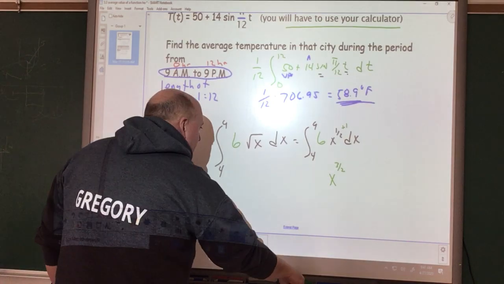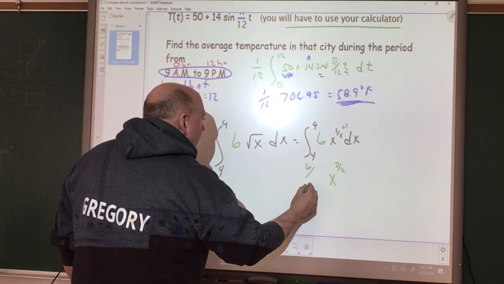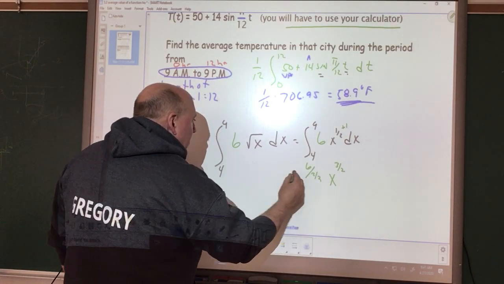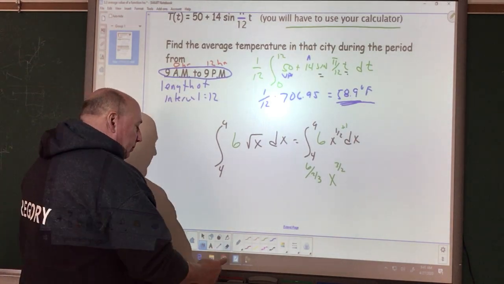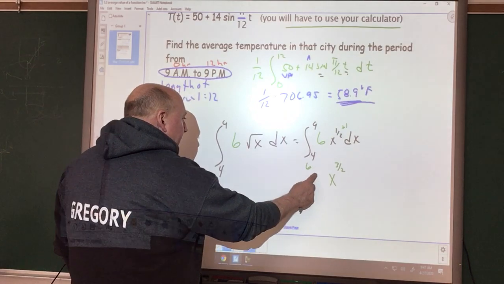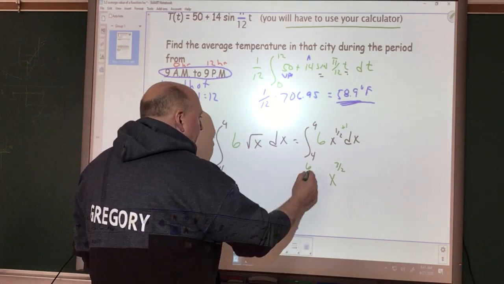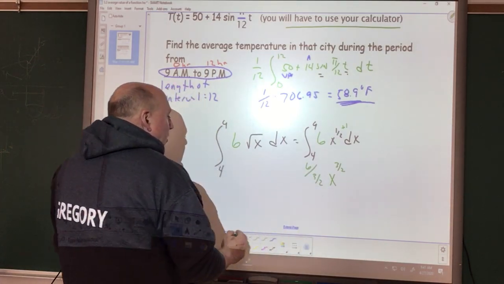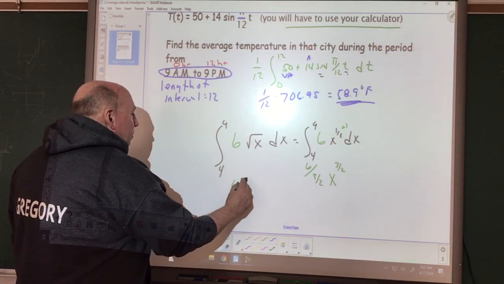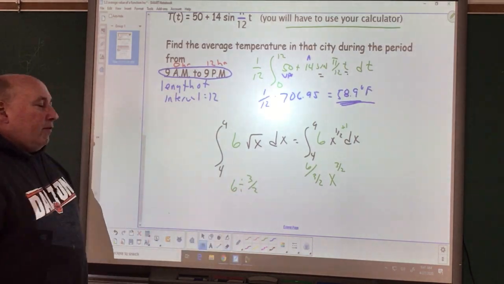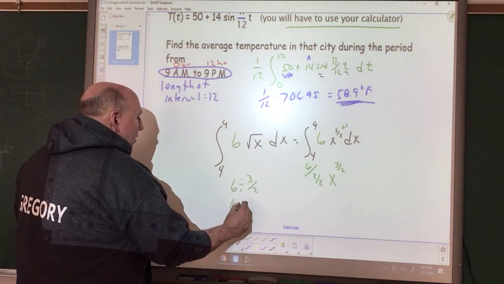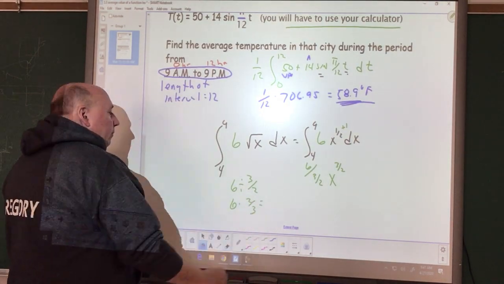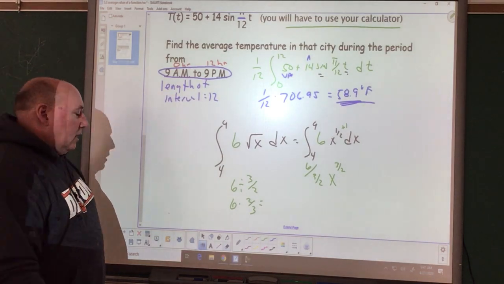So we need to take our 6 and divide it by 3/2. If I have 6 divided by 3/2, this is 6 times 2/3, which gives me a value.